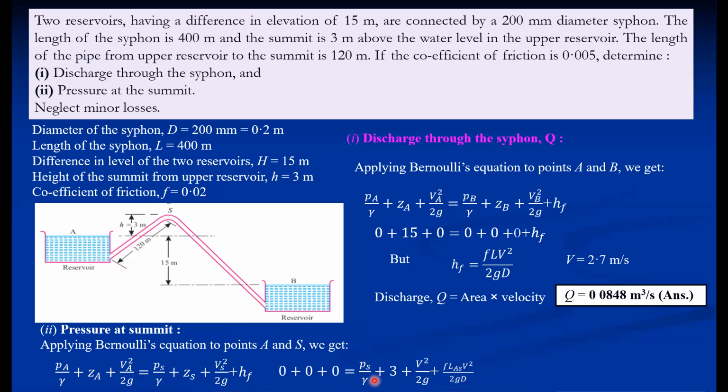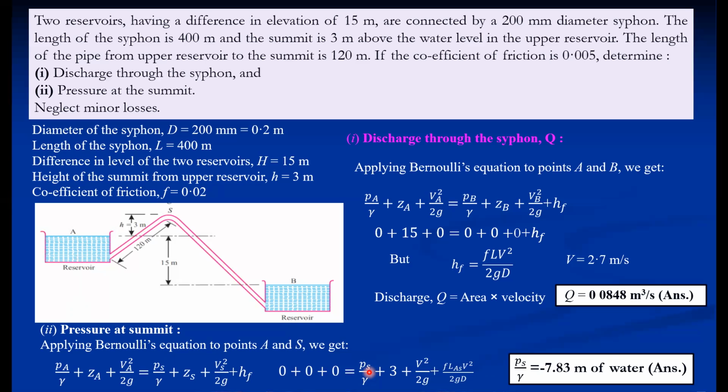So in case of a siphon, if this is zero, this value has to be negative. That is a gauge pressure. So it is obtained to be minus 7.83 meter of water. We can convert it into absolute as well. Now the question may arise whether the flow is possible or not.